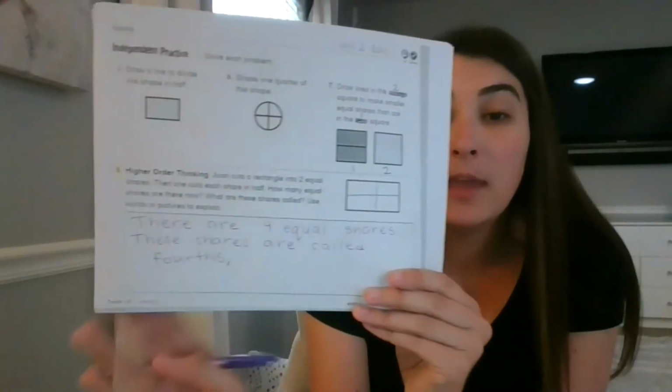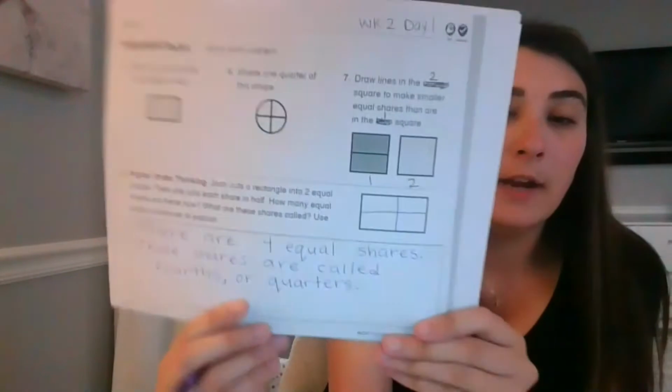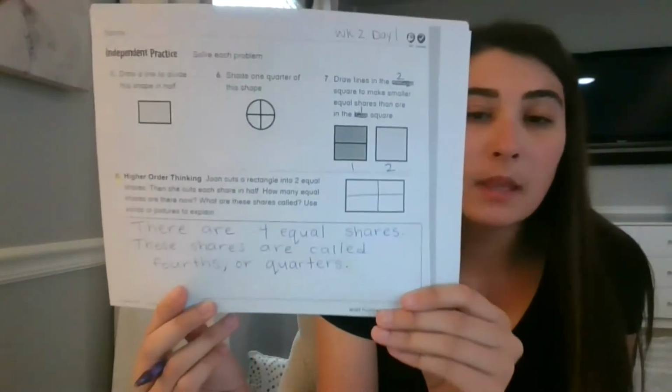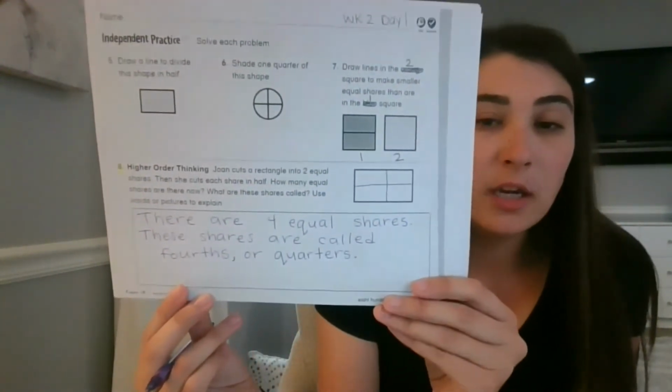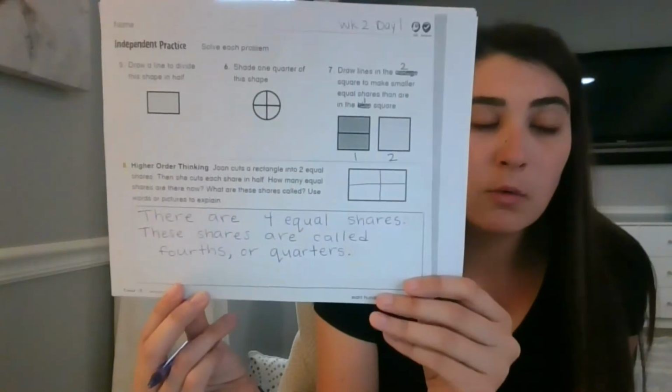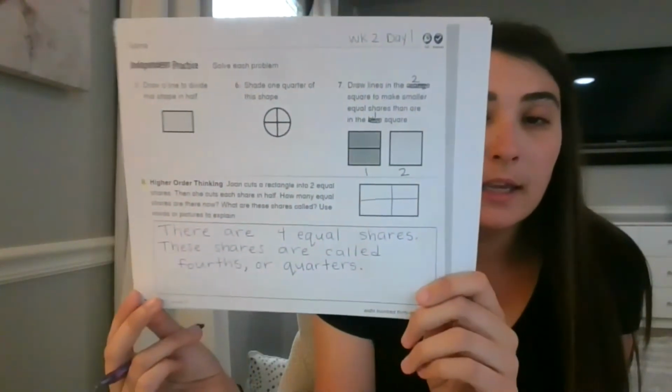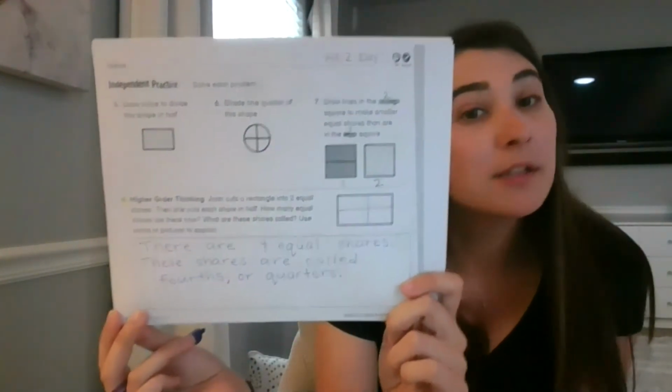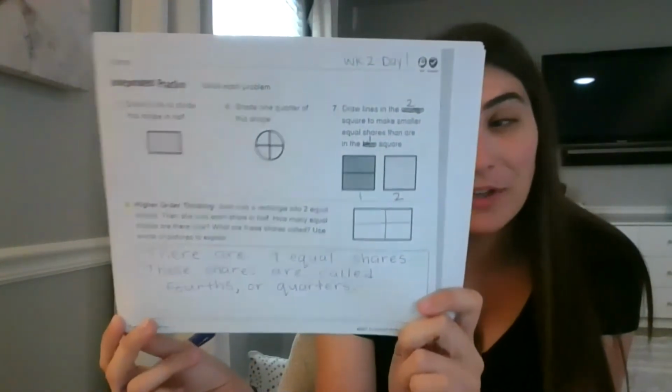They mean the same thing. So I'm going to write or quarters. All right. These shares are called fourths or quarters. And if you need more time writing, please go ahead and pause the video so you can finish writing.